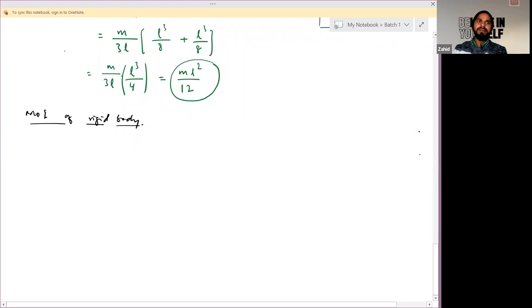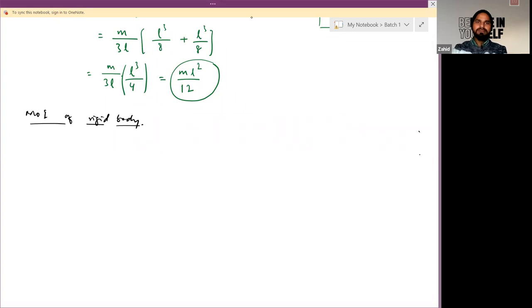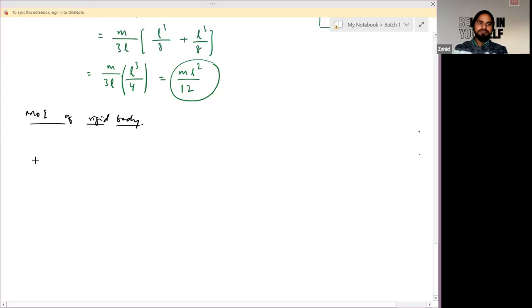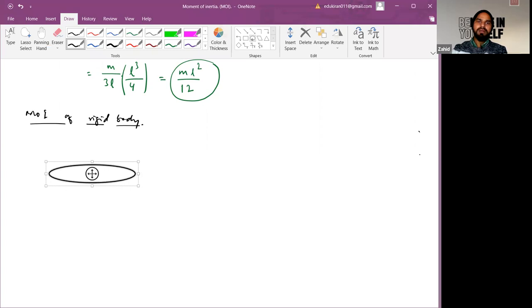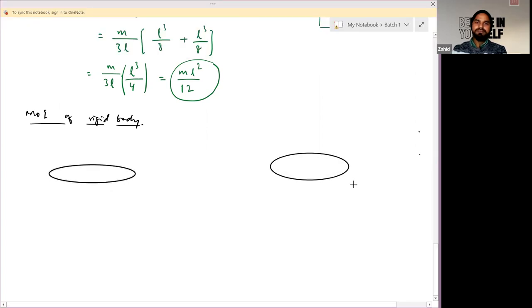First is a rod, which I had calculated from its center of mass. Then a circular ring, and another, a circular disk.